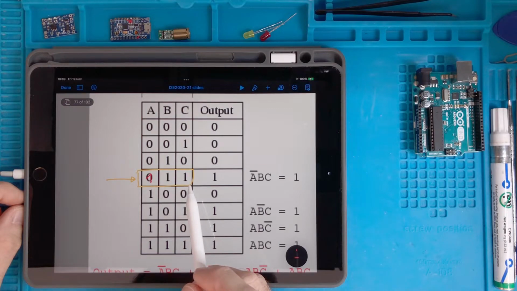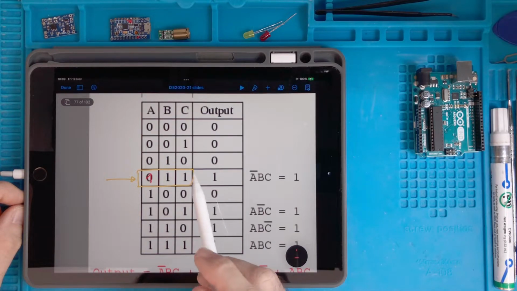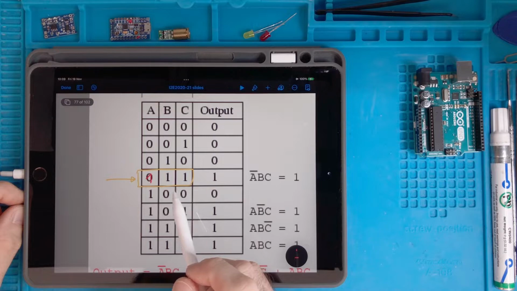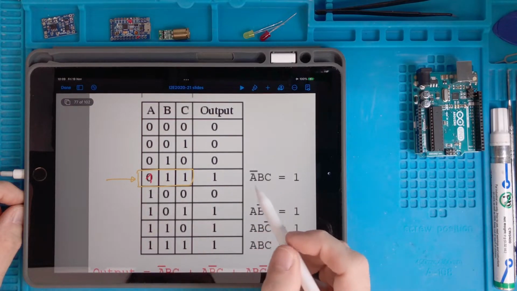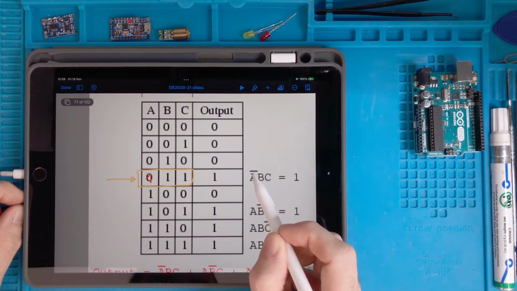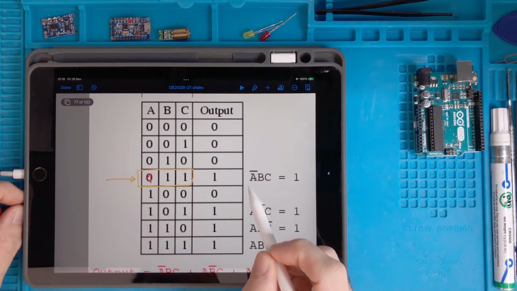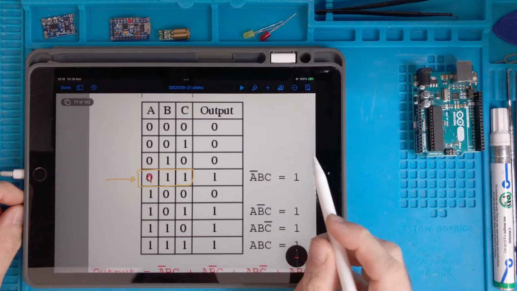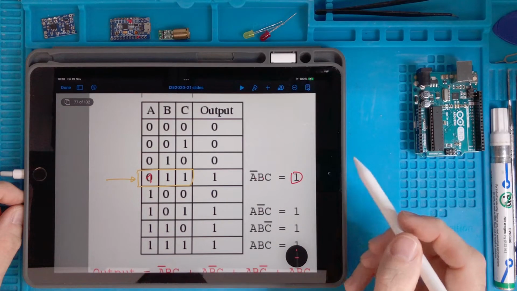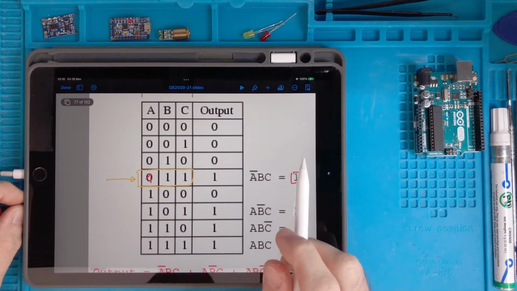We just need to put an AND gate with 3 inputs. So this is what we do. We take the A input, we put a NOT gate, so we negate it, and then we put an AND gate with 3 inputs, and this will make the 1 that will be fed into the final OR gate.